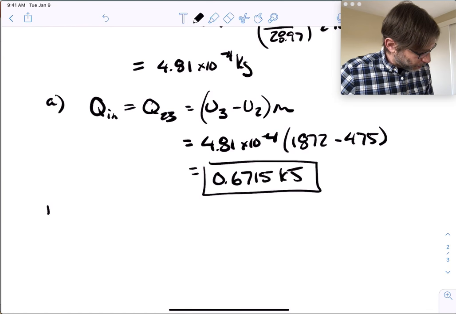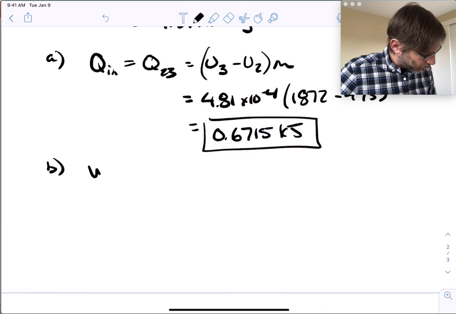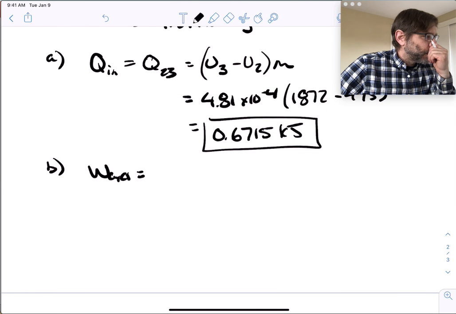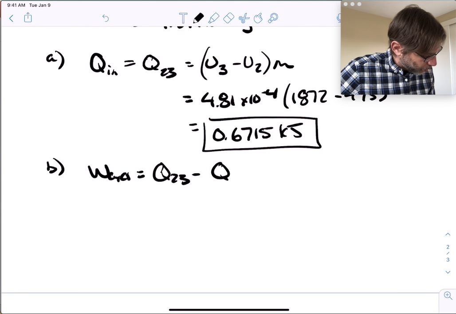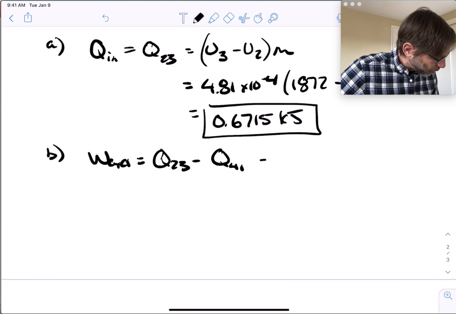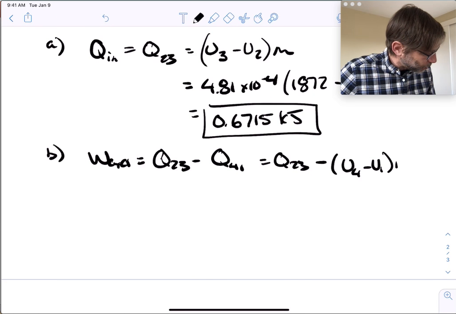Okay, so B is to find the work, so that work cycle is equal to Q in minus Q out, right? So work cycle is equal to Q23 minus Q41. And this is equal to Q23, which we've already found, minus U4 minus U1 times mass.